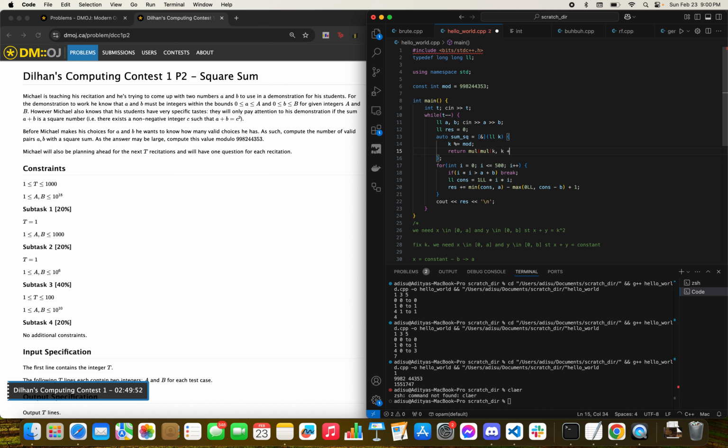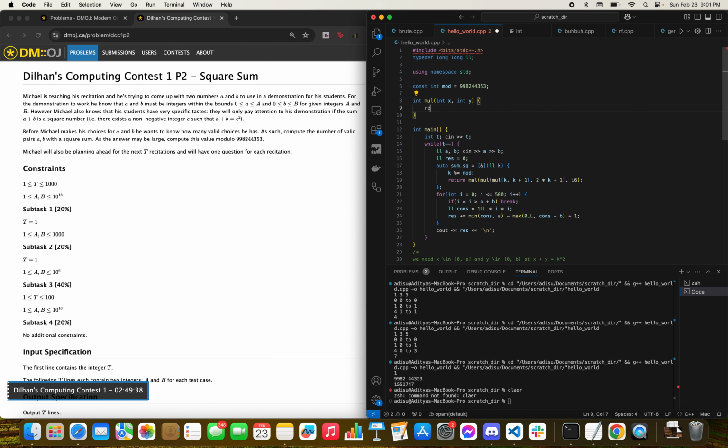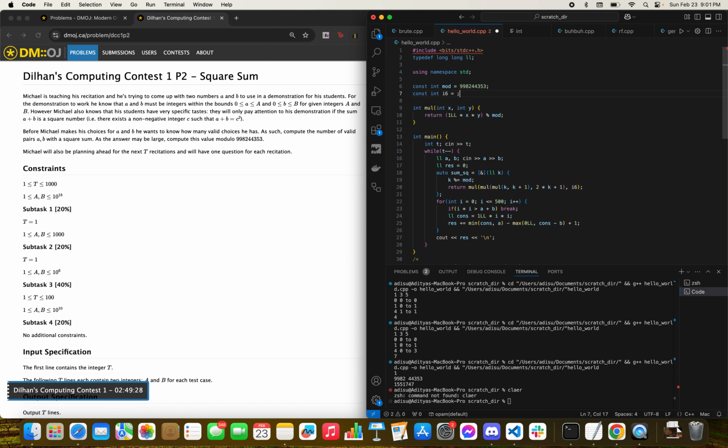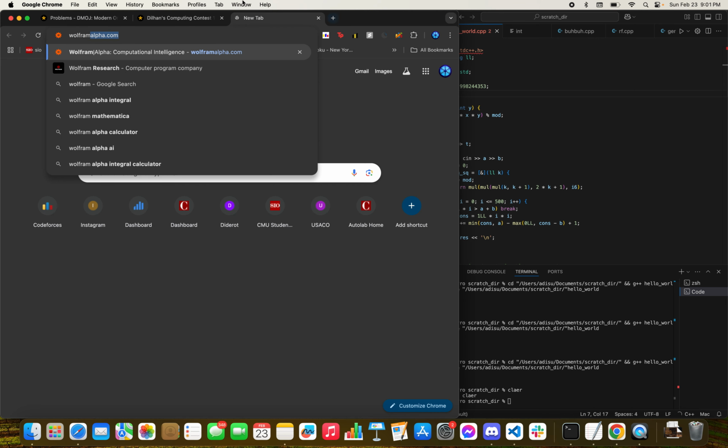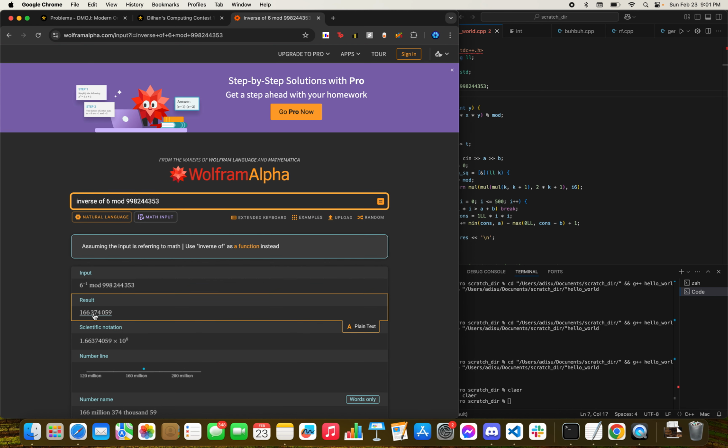Anyway, it's k times k plus 1 times 2k plus 1. Okay, i6. Let's just implement this. Int x, int y, return 1ll times x times y, mod. Okay, now constant i6 equals, let's just check out Wolfram Alpha. Inverse of 6 mod 9824435. Surely you can tell me. Thank you.